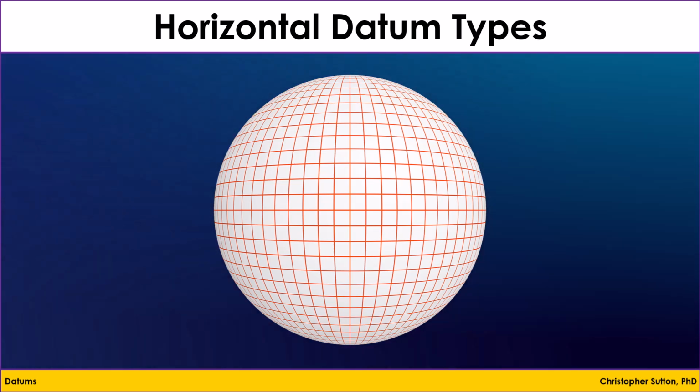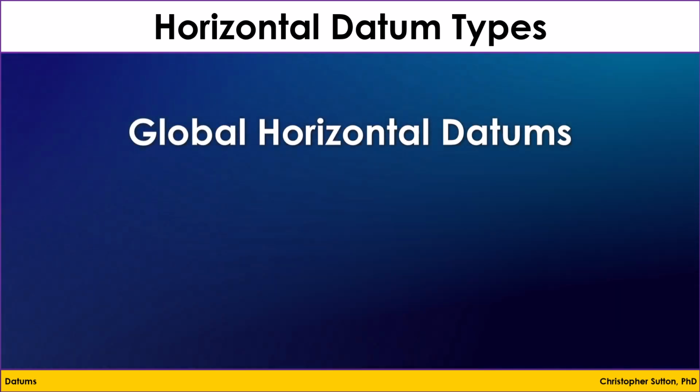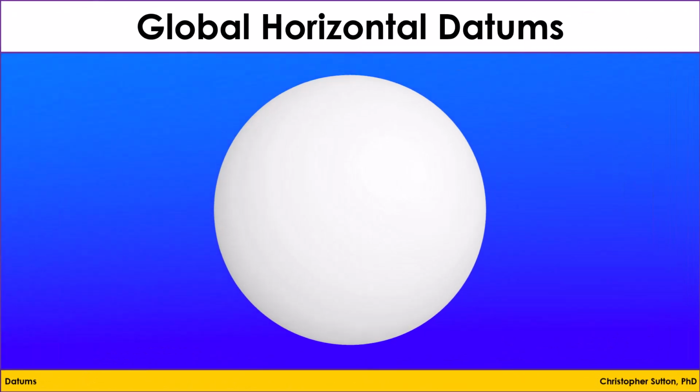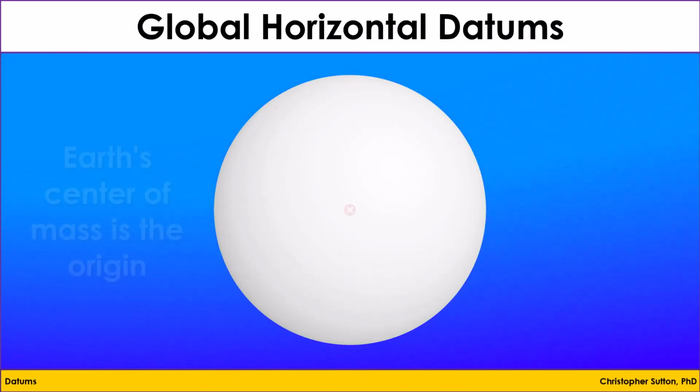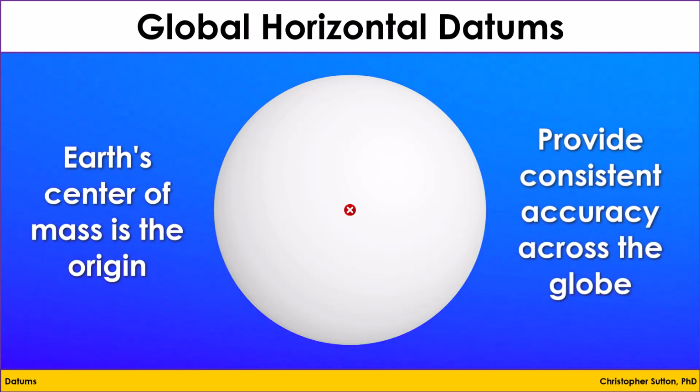The two primary types of horizontal datums are global horizontal datums and local horizontal datums. Global horizontal datums use Earth's center of mass as the origin. They are designed to provide consistent accuracy across the entire globe. There are several global horizontal datums. We will take a closer look at two of these.